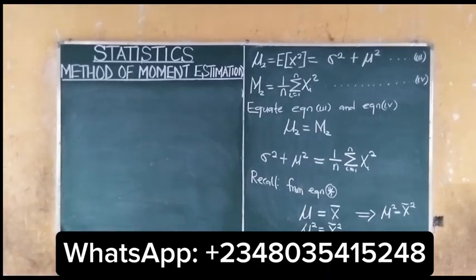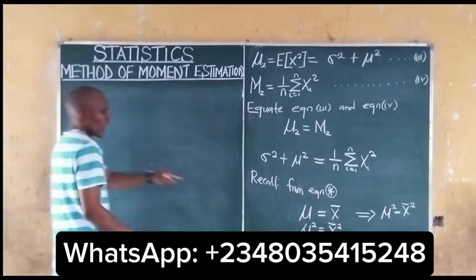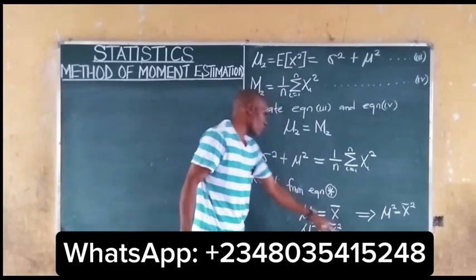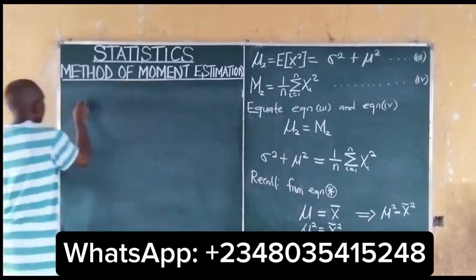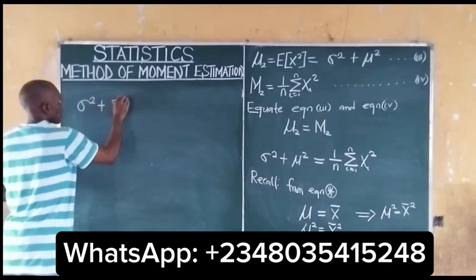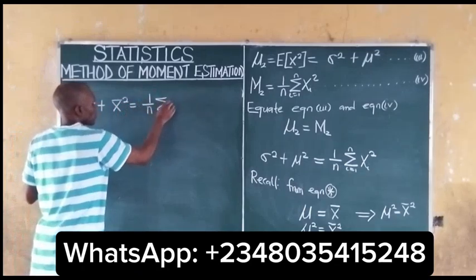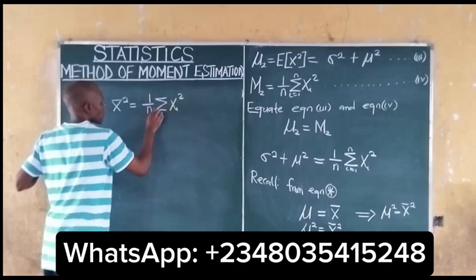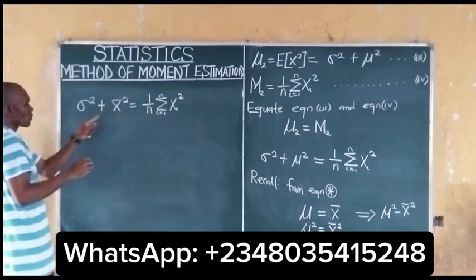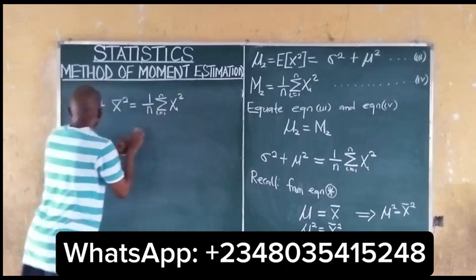All right, so we move over to this side. Since we have mu squared equal to x bar squared, we can rewrite this as sigma squared plus x bar squared is equal to 1 all over n summation of xi squared, as i running from 1 to n. So from quadratic equation, this can move over to the other side of the board.